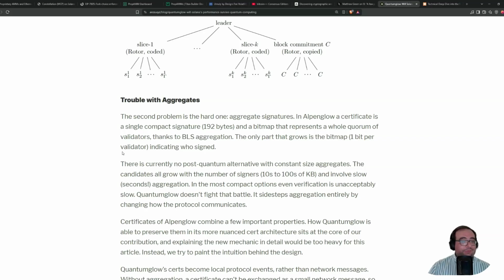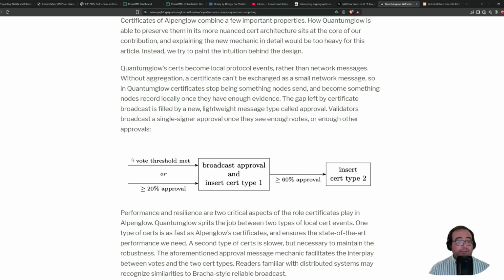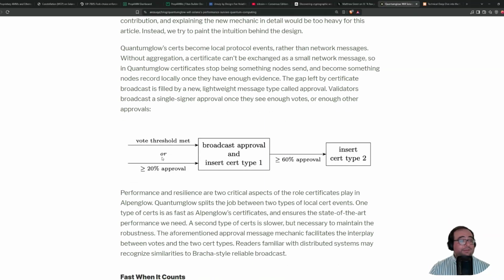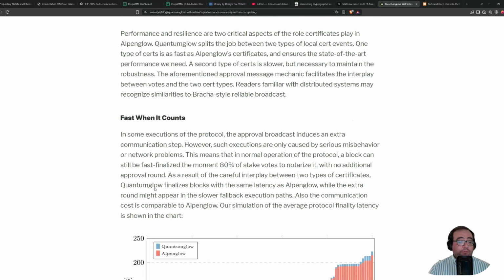What Solana is doing, or QuantumGlow is doing, is they don't aggregate the signatures at all. There is nothing like an aggregation step here. And yeah, that was interesting to me, because there are two different approaches. And this also works. What are the results?